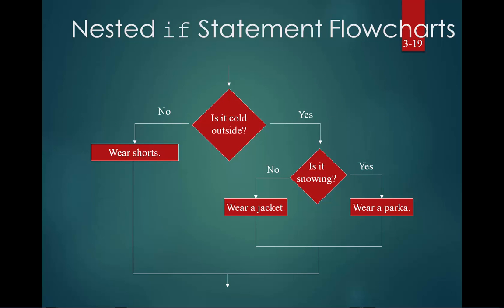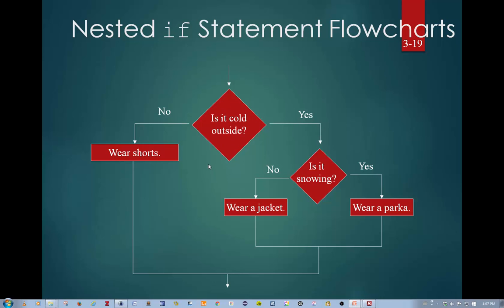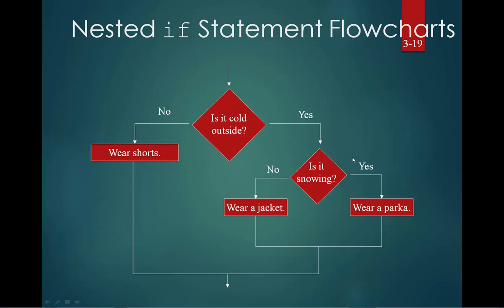And this slightly more complex situation is modeled with this flowchart. As you see, you're coming in, you've got the first or outer if statement. And in this case, it's saying, is it cold outside? And this must be an if-else statement, because instead of a skipping type activity, we have an alternative between two things.